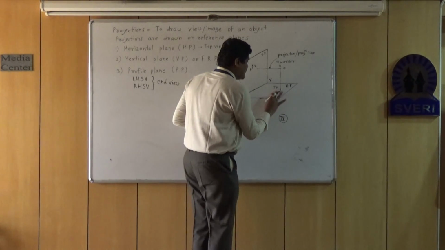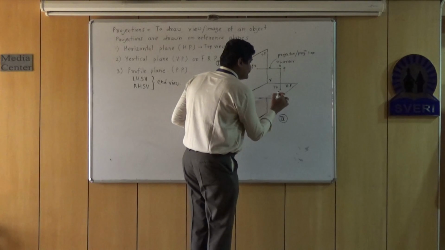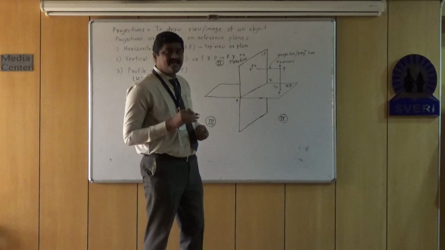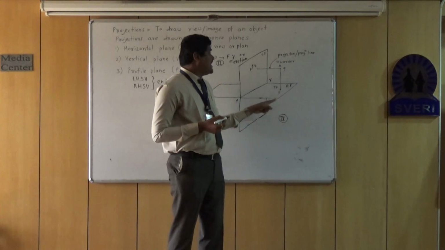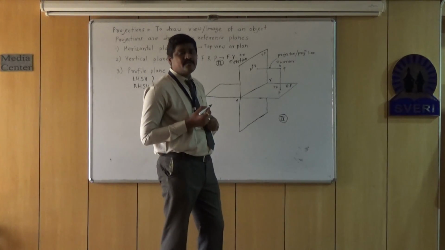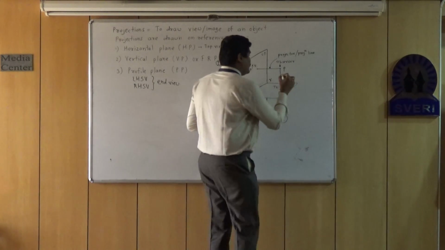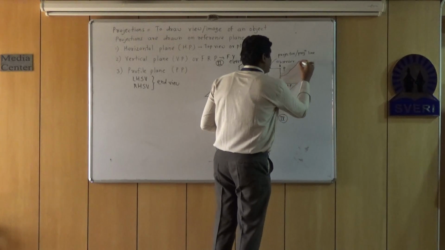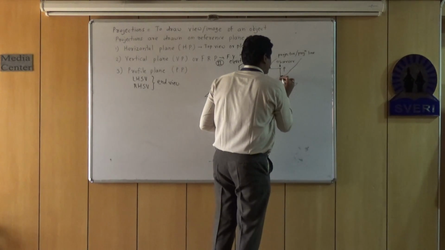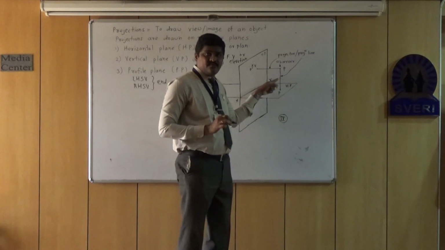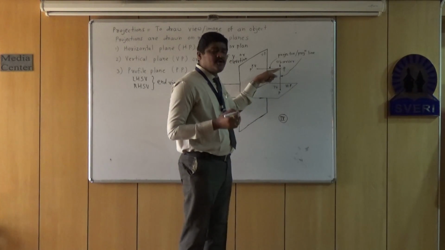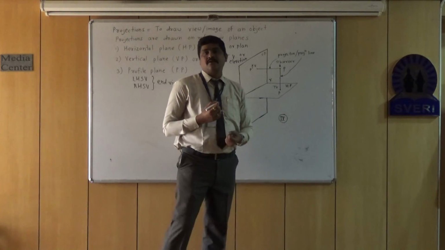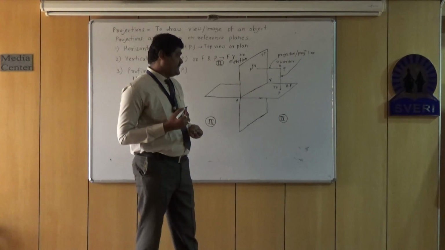For the sake of simplicity, we will be using the notation small p for the top view of point P, and P dash for the front view of point P. Once again, this is the projector which extends from the point up to the reference plane, perpendicular to the reference plane.